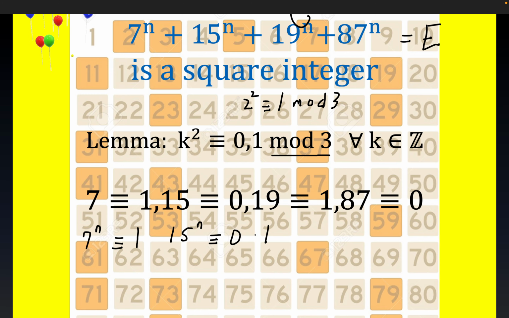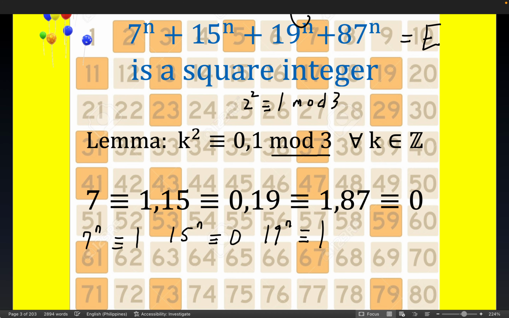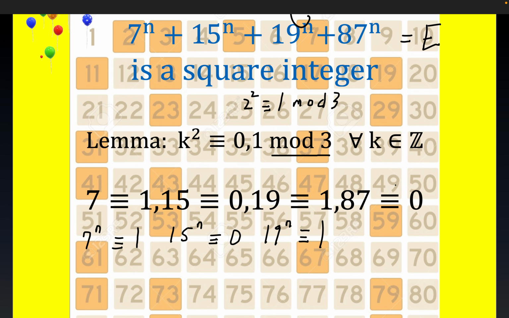Raising 1 to a natural number power just gives you 1 back, right? And 87 raised to the n power is congruent to 0. And this is for all n, okay?